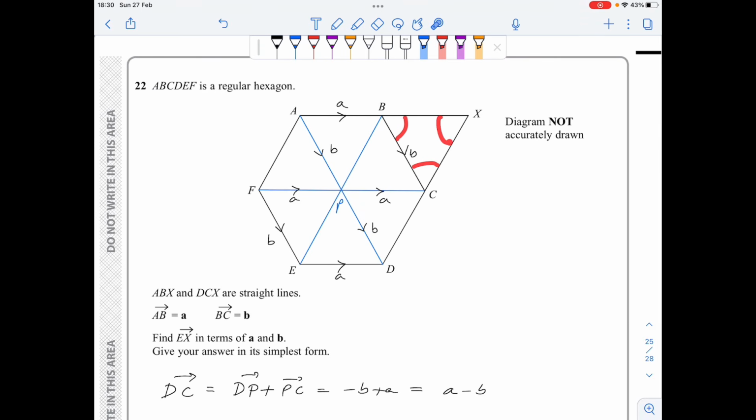This is 60, this is 60. So all 3 sides are equal in length. So this one is the same as this one. That's A. And also CX is equal to DC, which we just found to be A minus B.